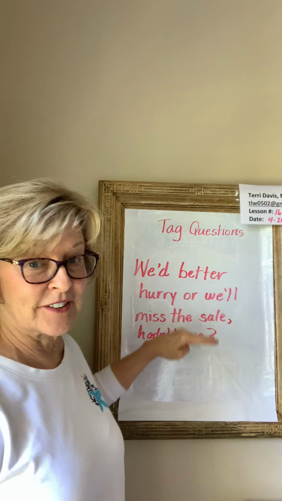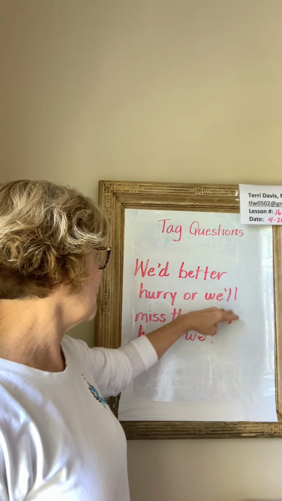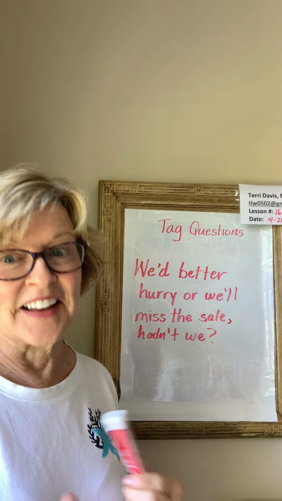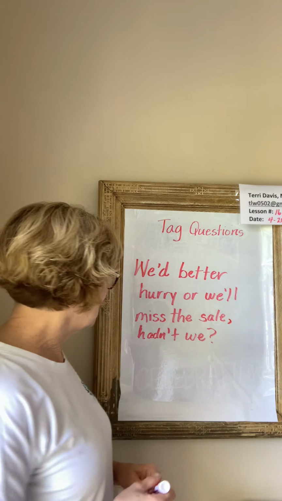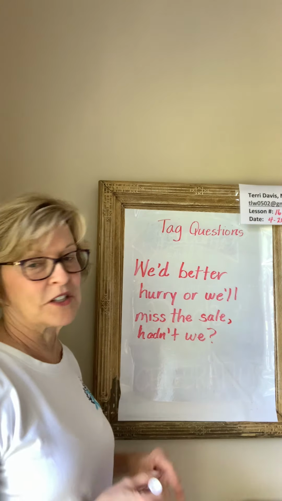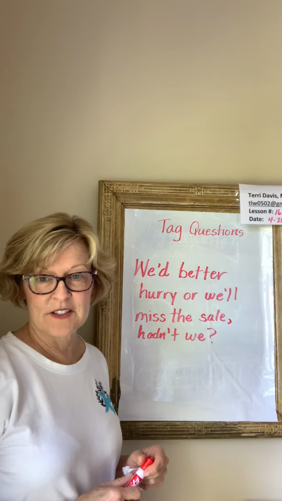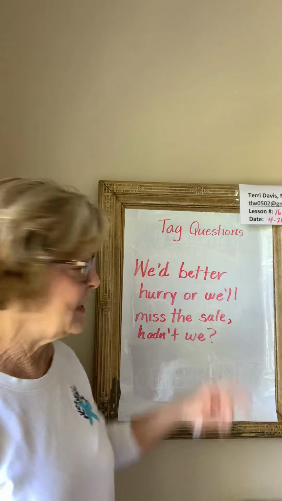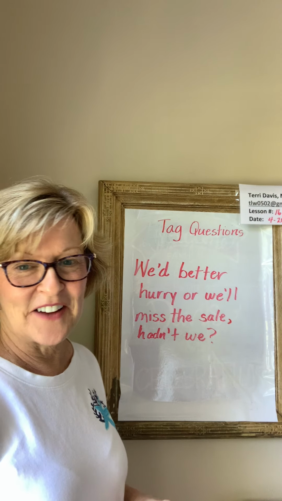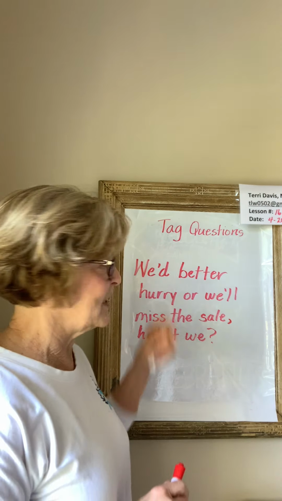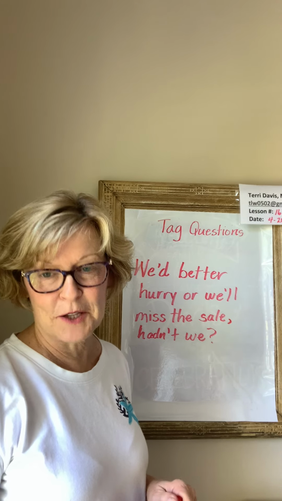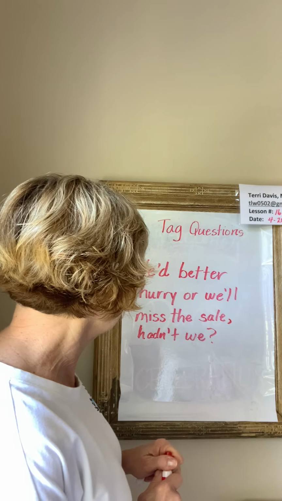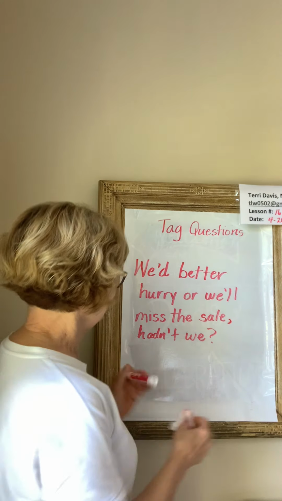We had better hurry or we'll miss the sale, hadn't we? Okay, that's a little bit more awkward, but that is the tag that you would use in this case. So you see that the tag usually repeats whatever the verb that you have used, the auxiliary verb that you have used, or the form of be that you have used. All right?